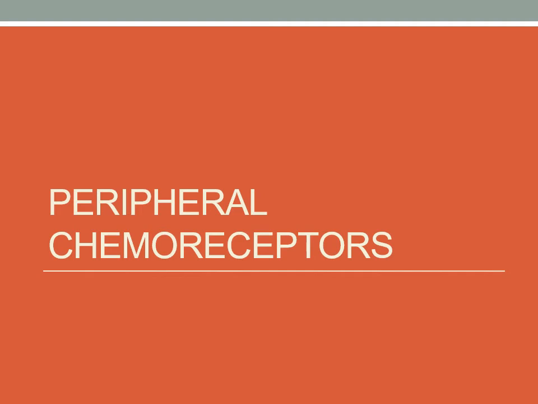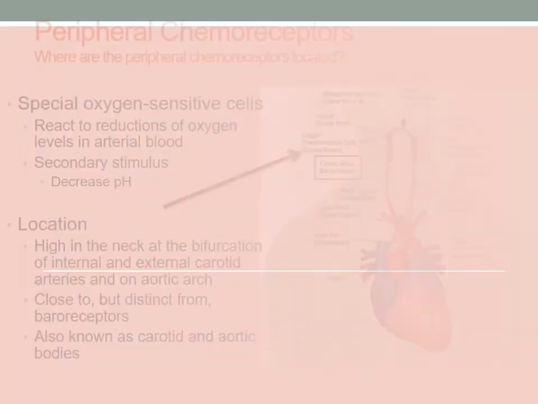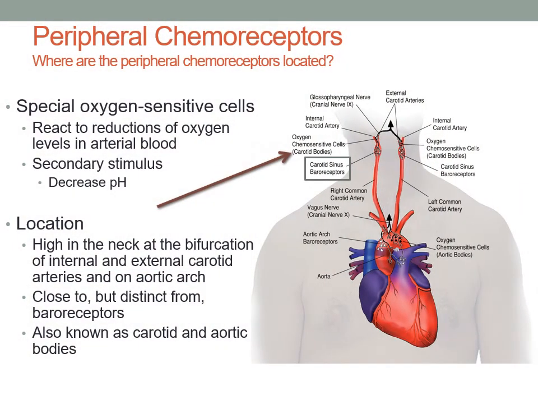Let's talk about the peripheral chemoreceptors. The peripheral chemoreceptors are special oxygen-sensitive cells that react to reductions of oxygen levels in arterial blood.